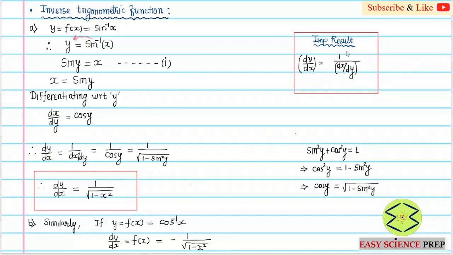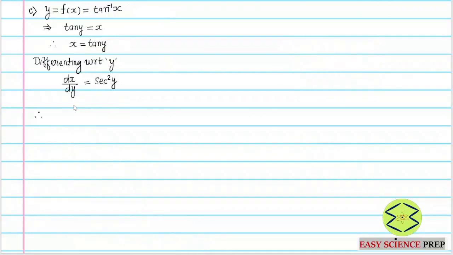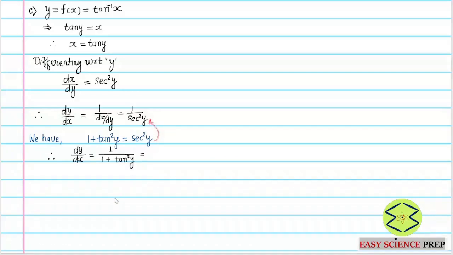So dy over dx is 1 upon sec square y. We have 1 plus tan square y equal to sec square y. So instead of sec square y, we can substitute this value: 1 upon 1 plus tan square y.